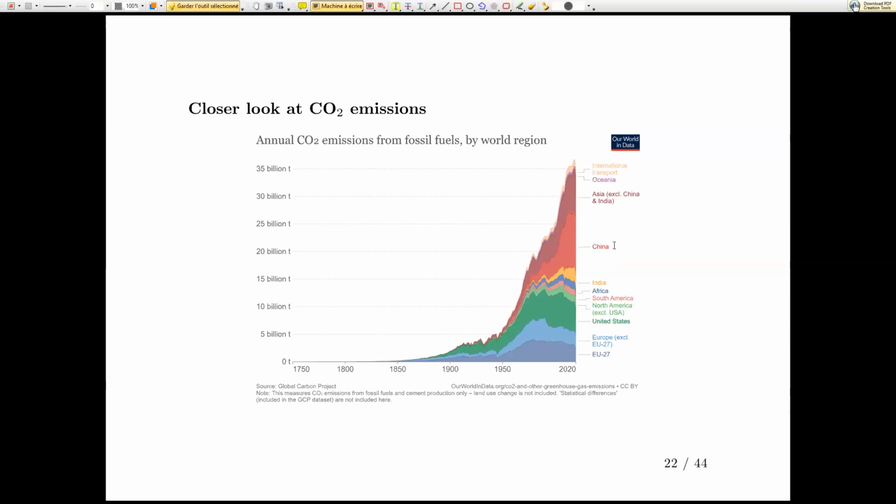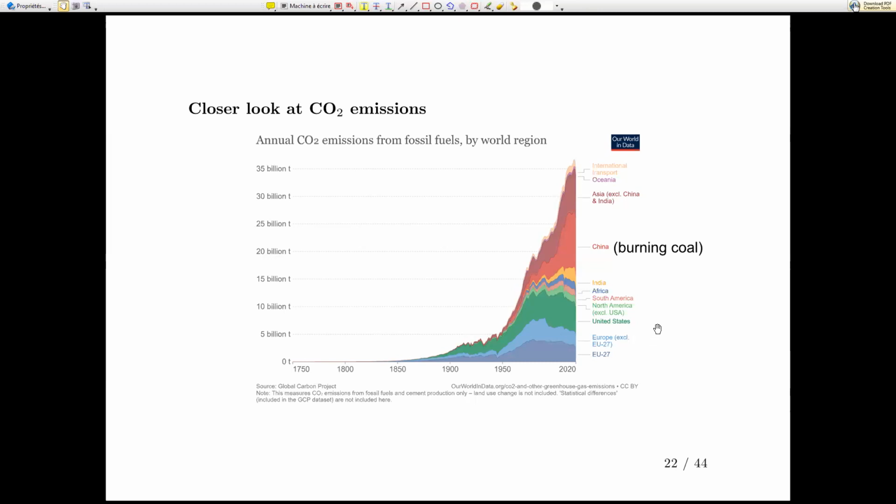Yeah, exactly. Burning coal. So they open, I don't know, a few plants per week in China just to fuel all their production. So that's a crazy amount of pollution.